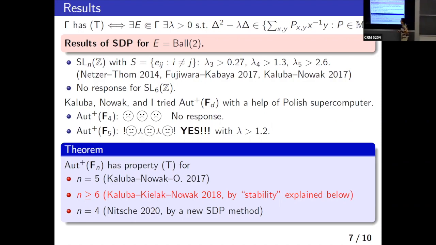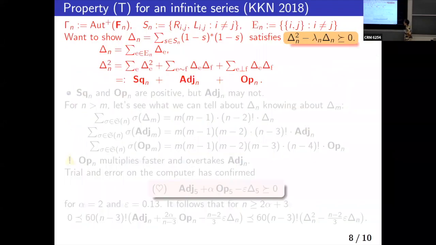We didn't give up here and proceeded because previous implementations told us where to look and how to look, and even produced a new stability technique by Kaluba and Nowak. That's what I explain now.